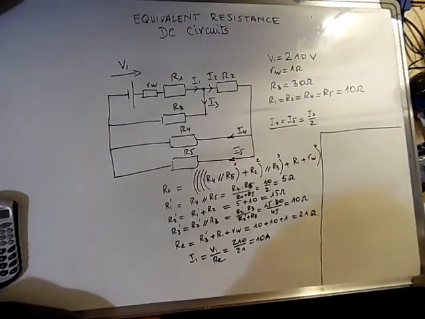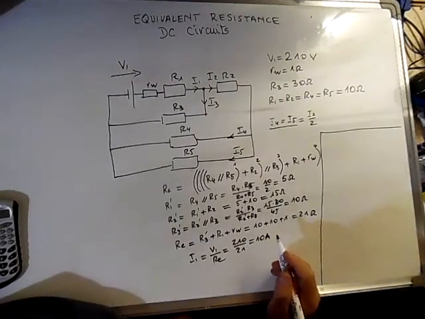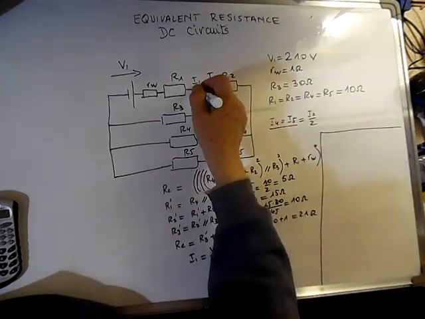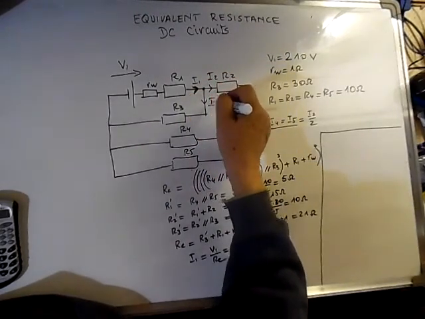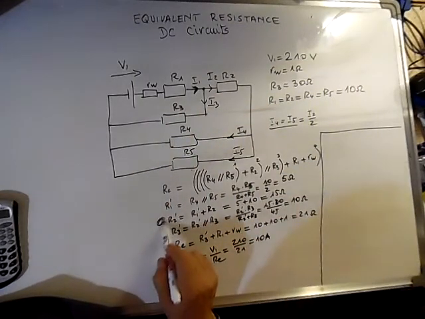So now we can use the current divider method, because we know the main current. We can calculate this current and this current knowing R2 prime, which is here.